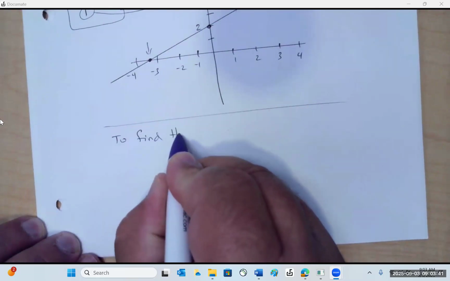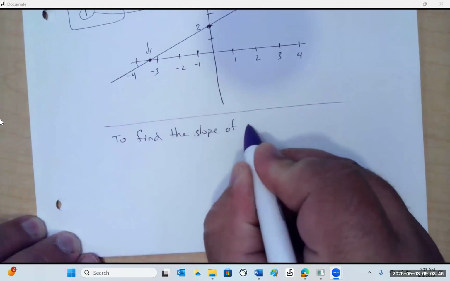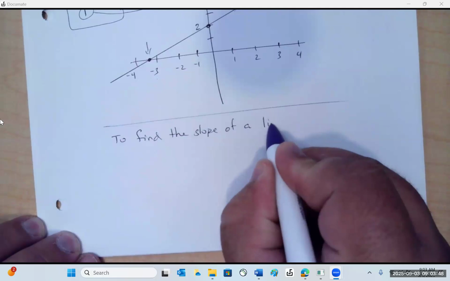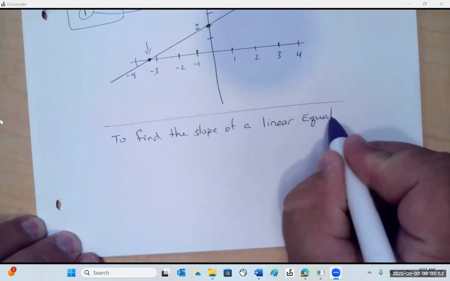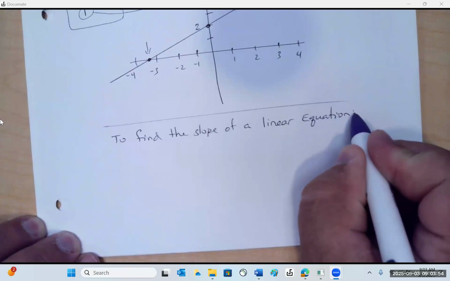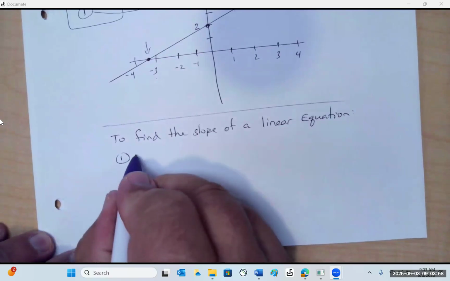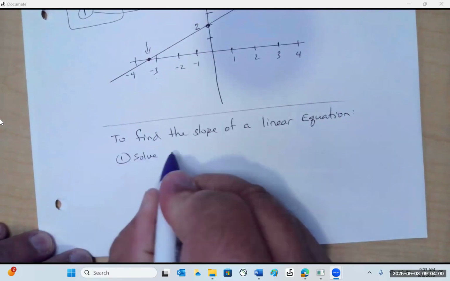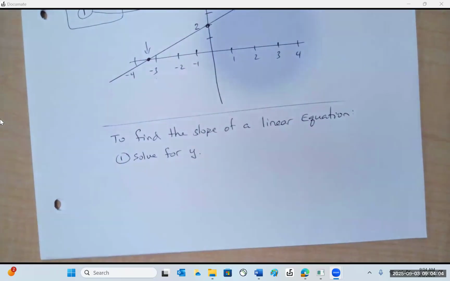To find the slope of a linear equation, first step, solve for y.